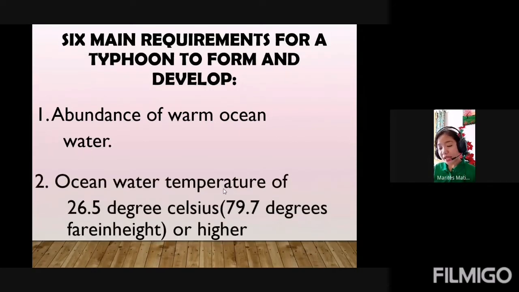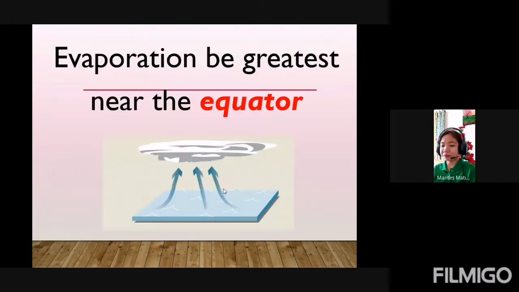Second, this ocean water temperature must be 26.5 degrees Celsius or 79.7 degrees Fahrenheit or higher. That's the first two requirements for a typhoon to form. Take note, guys.